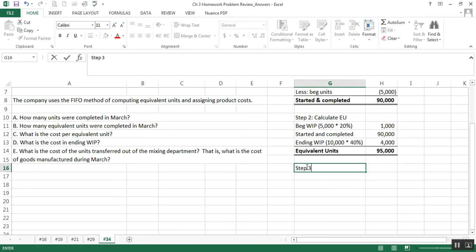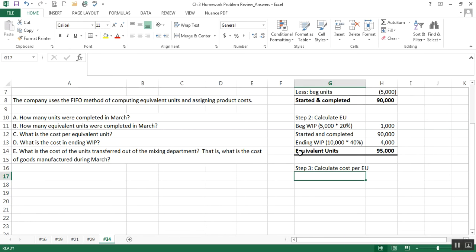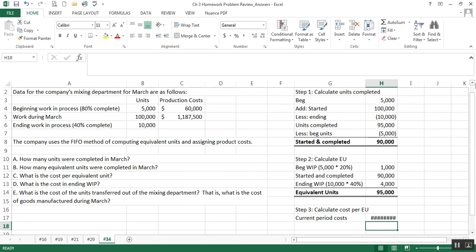Step 3, calculate equivalent unit cost. Calculate the cost per equivalent unit. So now we need to figure out our current period costs, which is the 118,750, because remember, we already know that the 60,000 is going over.